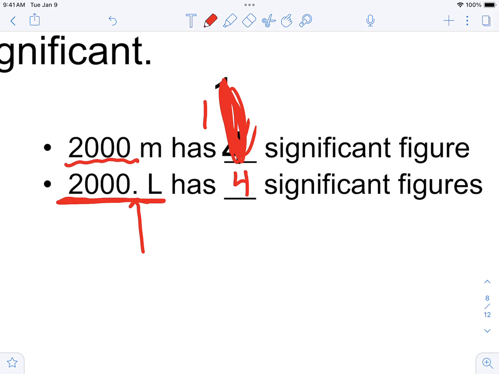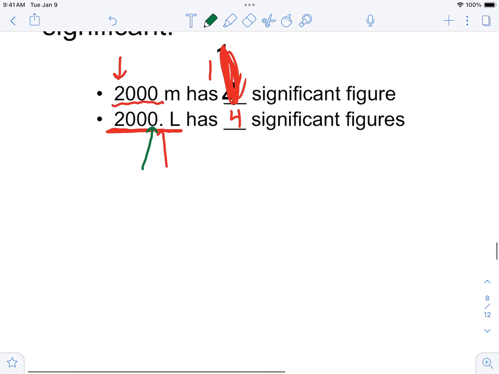And again, what does significant figures mean? It's all the known digits plus a guess. So in this case, this guy would be your guess. In this case, below, this guy would be your guess. So you can just think of what instrument you would have to use to do that.